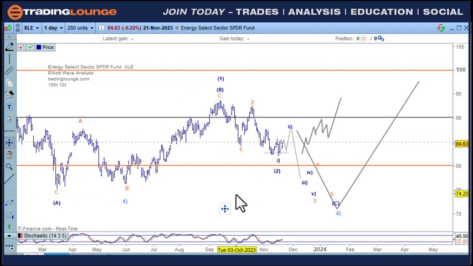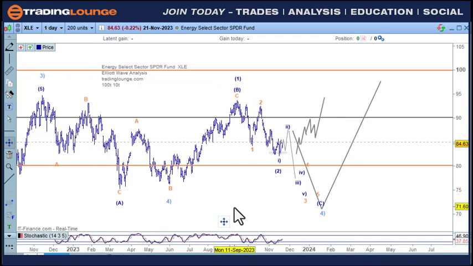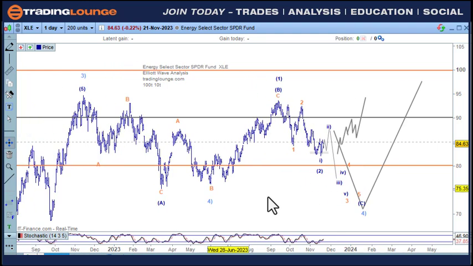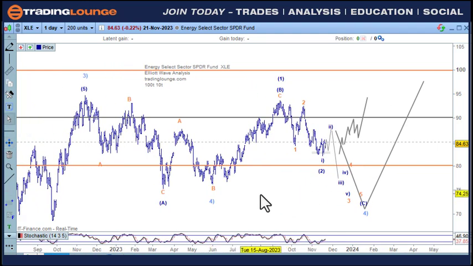Things always take longer than we expect. So anyway, we'll just chill, and then we'll pick it up. We'll get on the bus when we're ready to get onto it. So we don't have a short trade yet. We don't have a long trade. We just need to see what comes out of the box. So that's that.